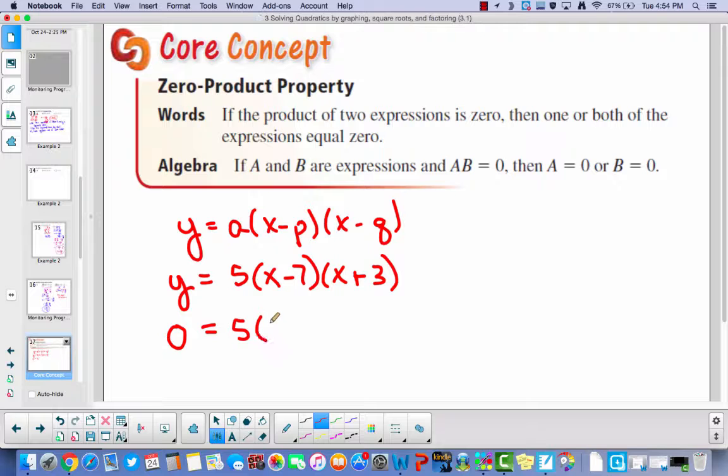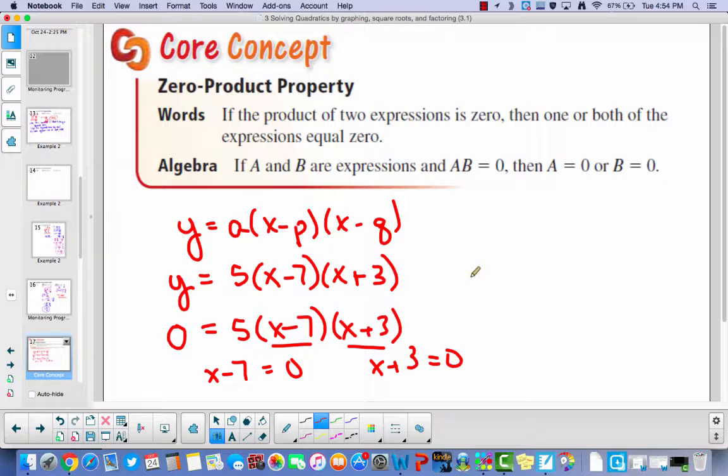So 0 equals 5 times x minus 7 times x plus 3. But in order for this to be 0, either this or this has to be 0. This x minus 7 equals 0, or x plus 3 equals 0. And we got x equals 7 and x equals negative 3. Those were our intercepts, where it crosses the x-axis.